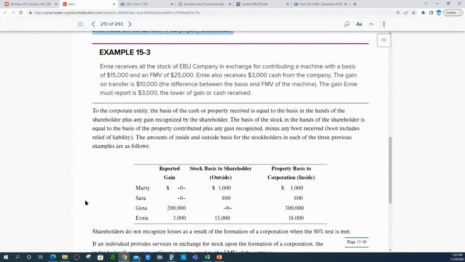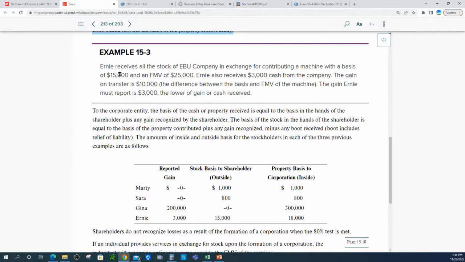The gain on the transfer is $10,000. So the difference between the basis and the fair market value of the machine. So this is his total gain. He has to report $3,000, which is the lower of the gain or the cash received.